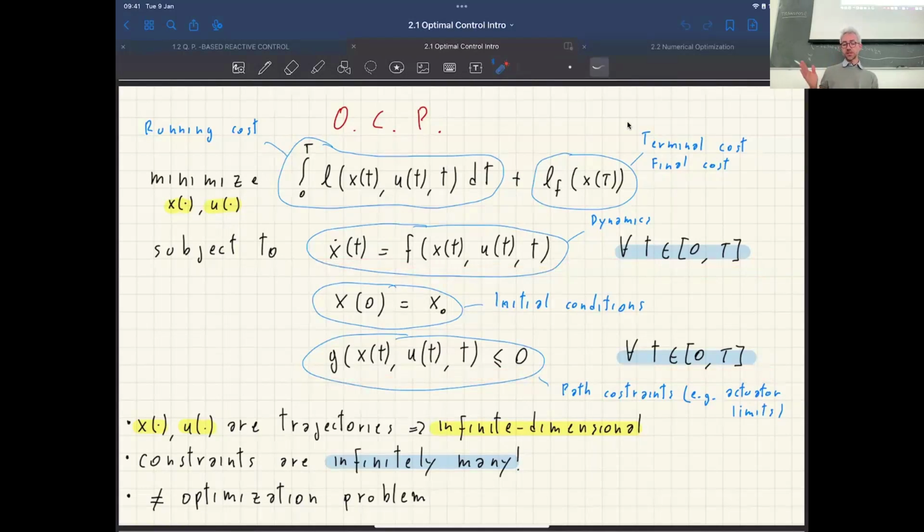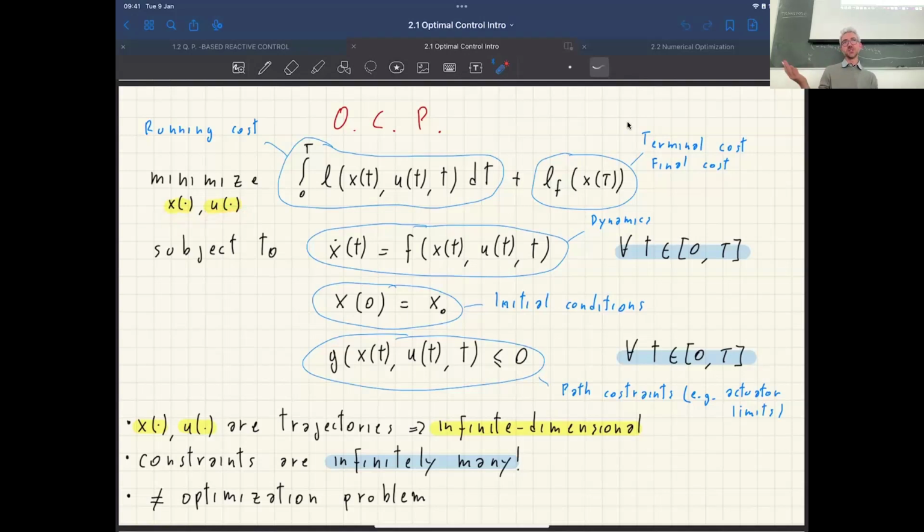So at first sight, this looks like an optimization problem, but it's not a standard optimization problem. There are a couple of crucial differences which make this way, way more difficult than a standard optimization problem. First problem, the decision variables of this problem are the state trajectory and control trajectory. Since they are trajectories, they are infinite dimensional objects, because a trajectory is a function from time to some space, either the state space or the control space.